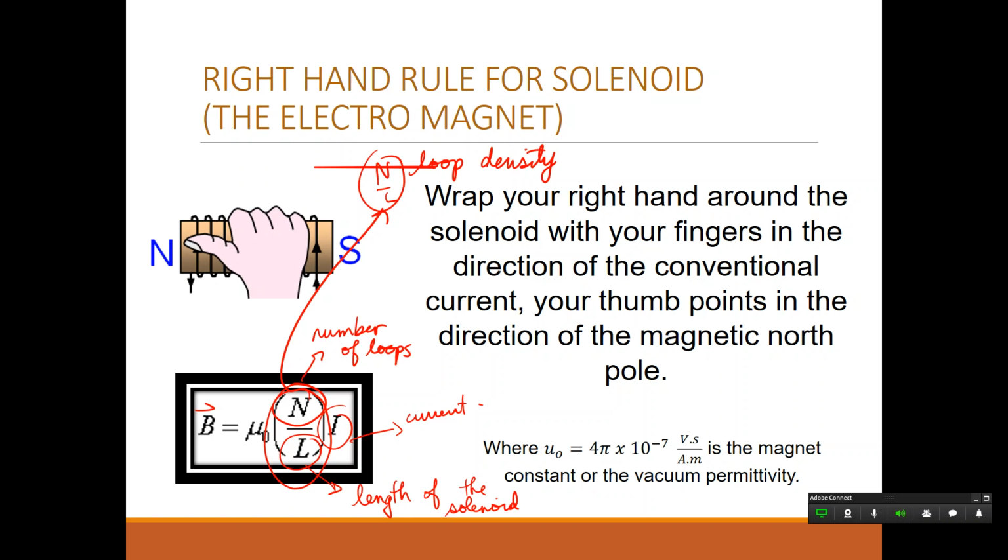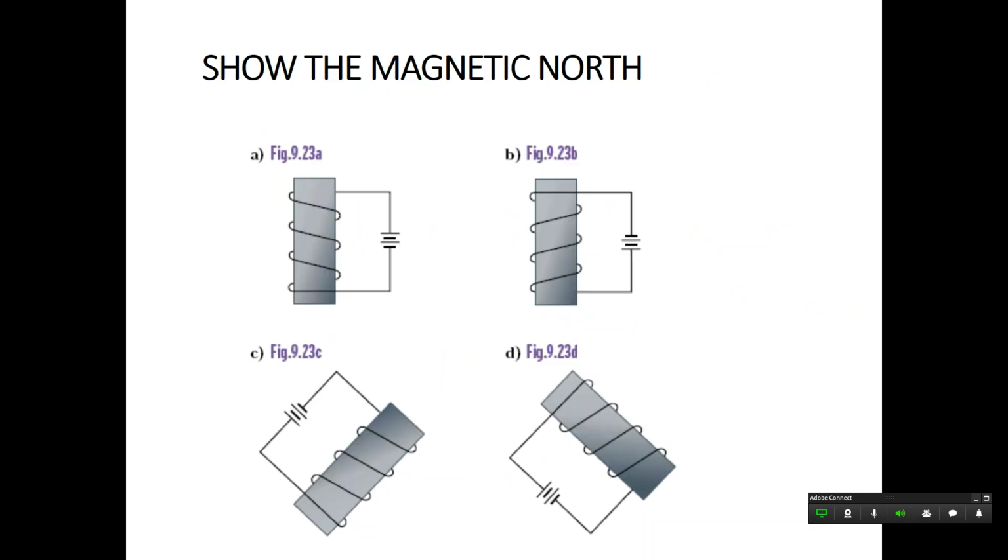Now we're going to figure out what happens if you have a loop, or many loops, with a current. Which direction is the magnetic field? Which direction is going to be the magnetic north? In the first one, the current is going up or down from the battery? Up, exactly. So if you put your fingers along that, which direction is the magnetic field?